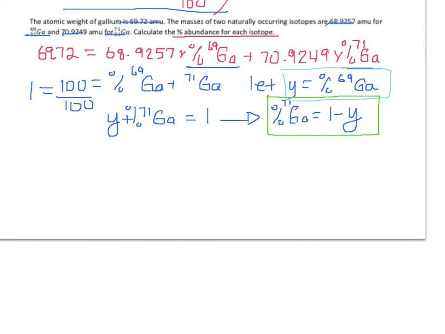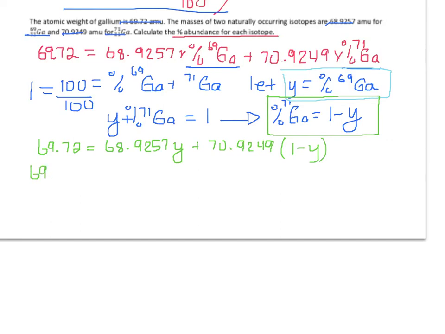That gives us 69.72 is equal to 68.9257y, because that's gallium 69, so we substitute the percent of gallium 69 with y, plus 70.9249 multiplied by 1 minus y, because that is the percentage abundance of gallium 71.